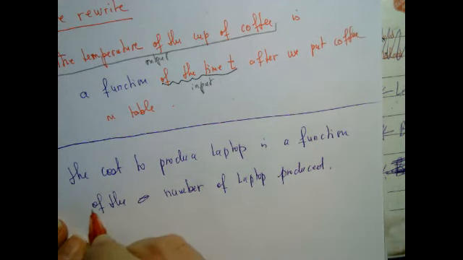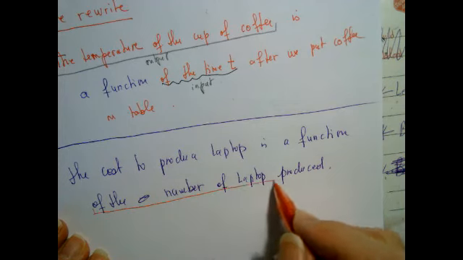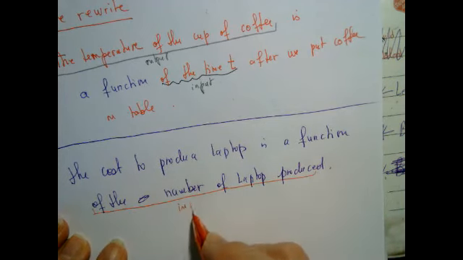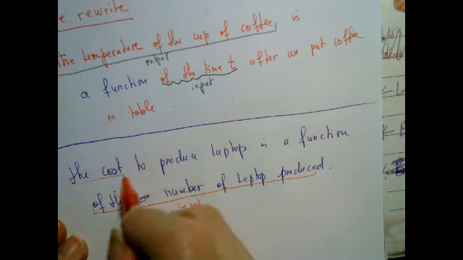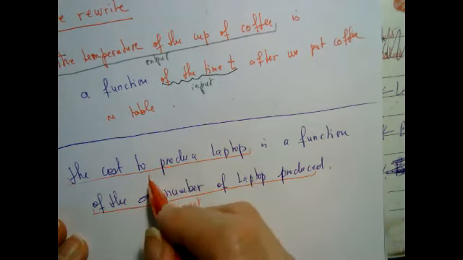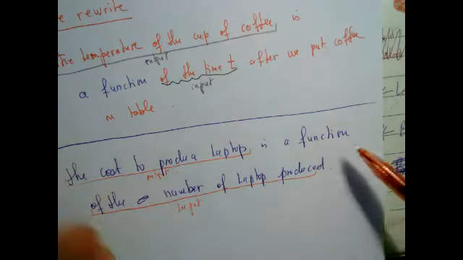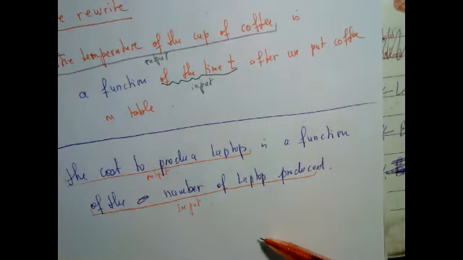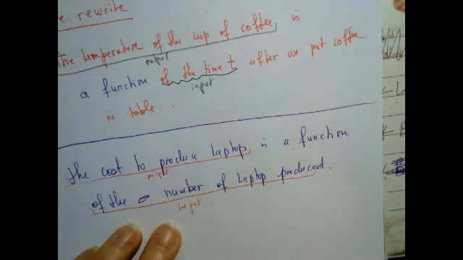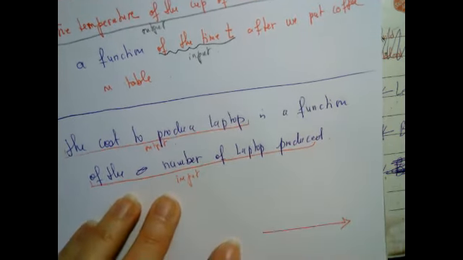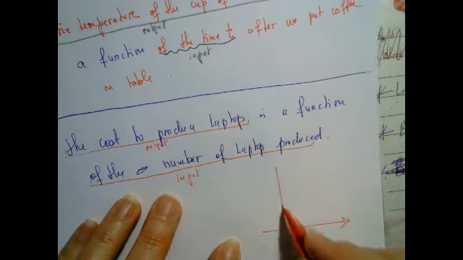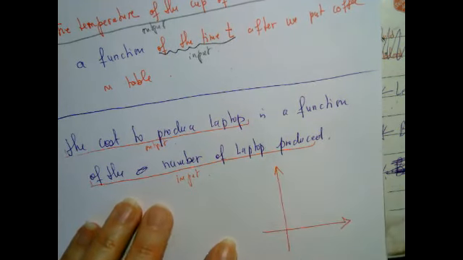In this scenario, what comes after "a function of" will be your input. What comes before it will be the output. So the cost is a function of the number of laptops. It means as the number of laptops changes, that's on the horizontal, the cost is going to change with it.